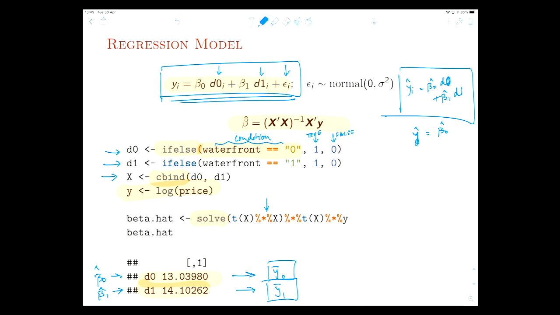For a waterfront house, we would have the exact opposite condition, which is D0 would be equal to 0 and D1 would be equal to 1. And so you would have y hat as beta 1 hat. And that's why you notice that the estimate for beta 0 hat is y0 bar, and the estimate for beta 1 hat is y1 bar, the two sample means, the two group means.